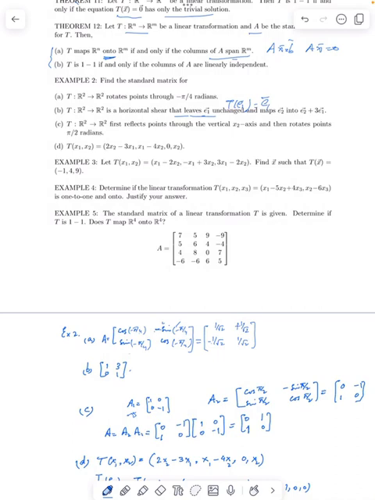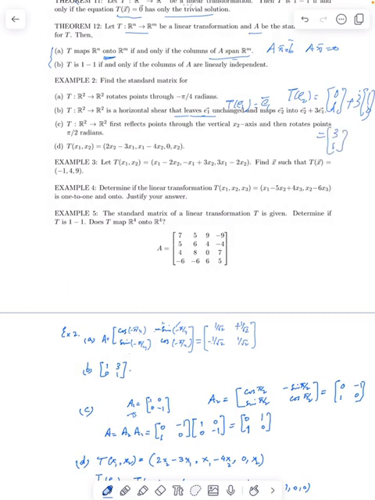And T of E2 is equal to E2 plus 3E1. Now what is E2? E2 is 0, 1, plus 3 times 1, 0, which is going to give you 3, 1.